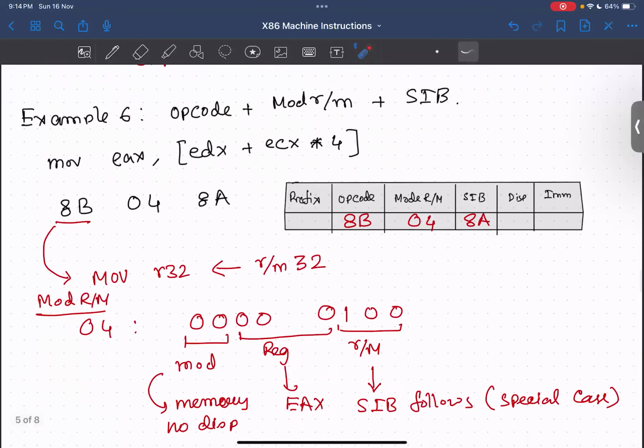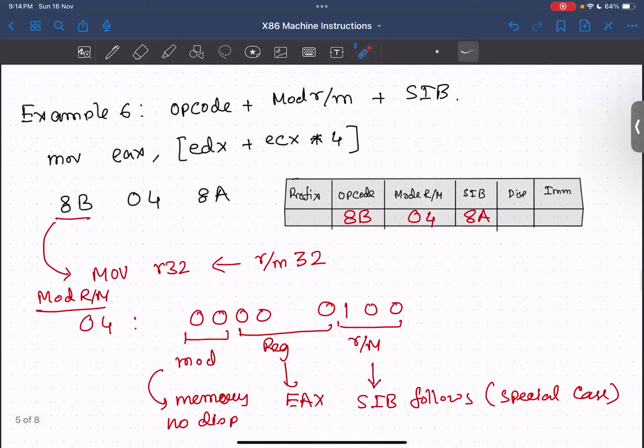Okay. Let's notch it up and throw in some scale, index, base stuff also, right? So this instruction has opcode, ModRM, and SIB together. And the instruction example can be: you are moving whatever value is at the memory address built from EDX into the EAX register, right? And if you look at the byte representation of this particular instruction, it looks something like this: 8B, 04, 8A.